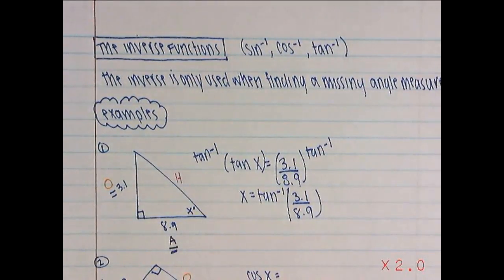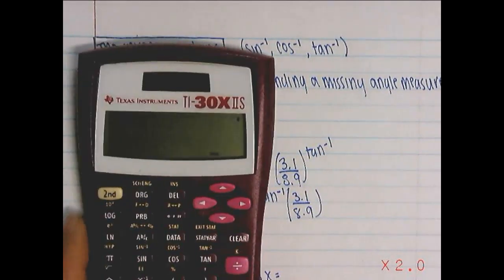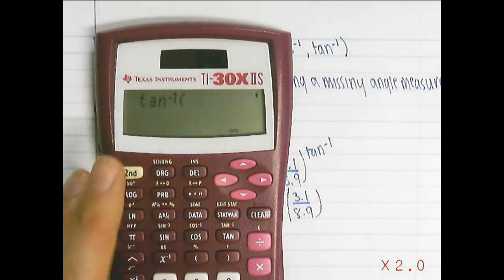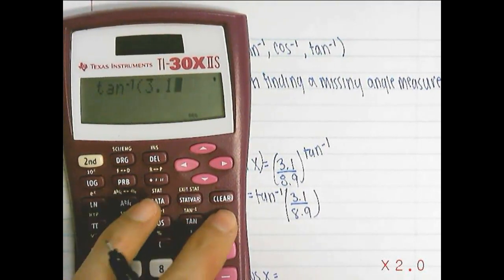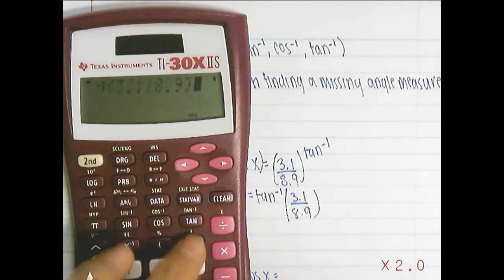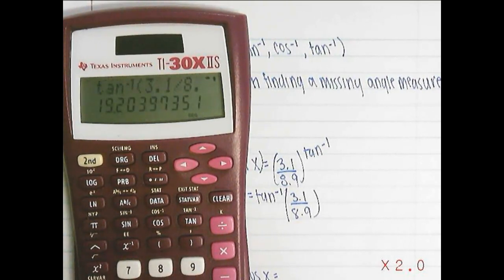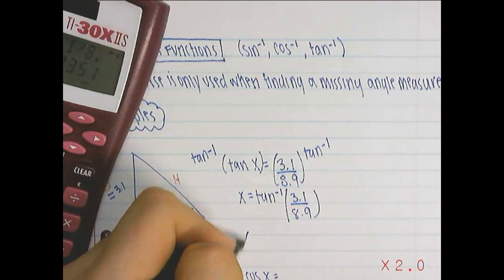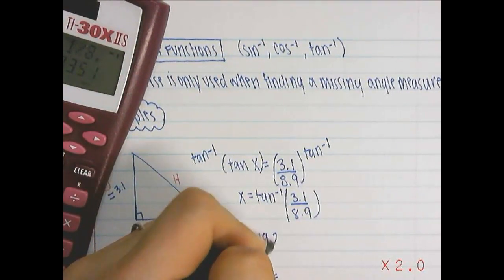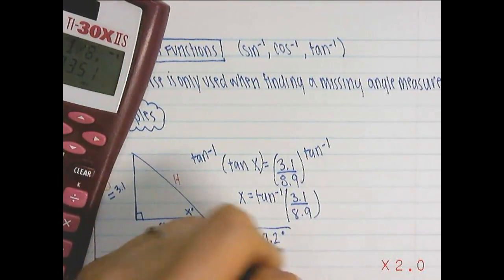When you actually do that in your calculator, let's do inverse tangent, and we will do 3.1 divided by 8.9, close parentheses, and we will get 19.2 degrees. So x equals 19.2 degrees.